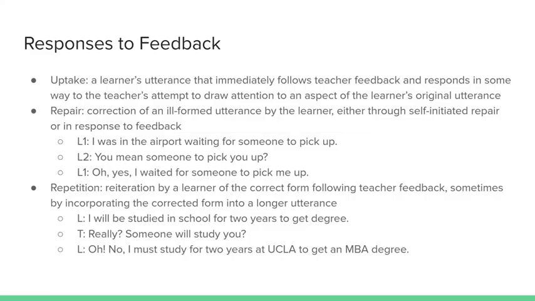So uptake does not necessarily mean that it was successful, but it shows that at least the student was able to respond to it. So that's an example of what an uptake is. It shows that the student showed an attempt or at least noticed that there was this correction attempt.